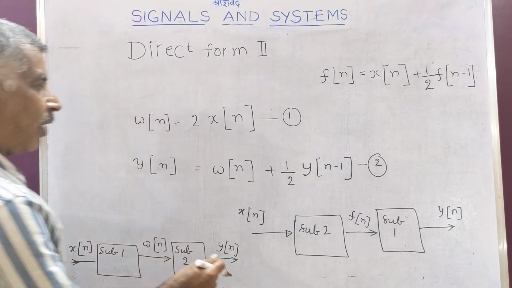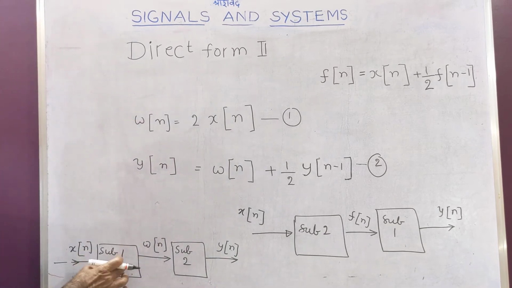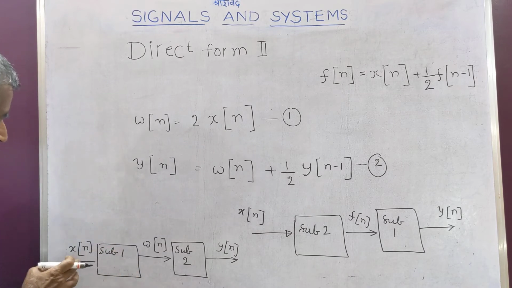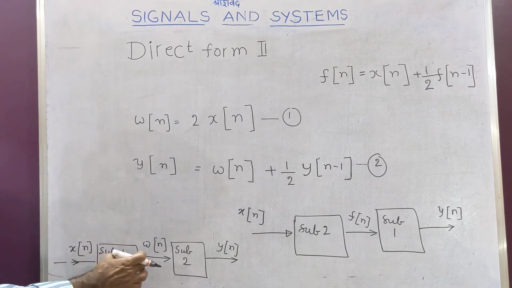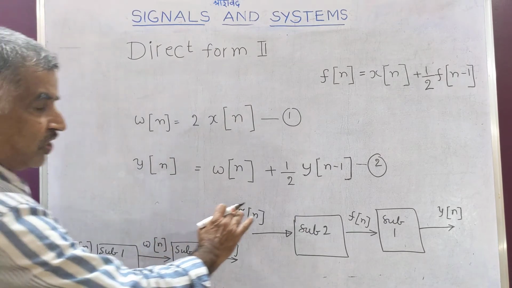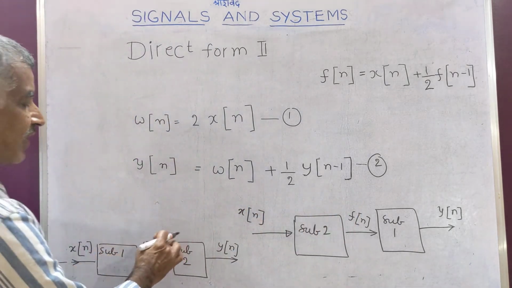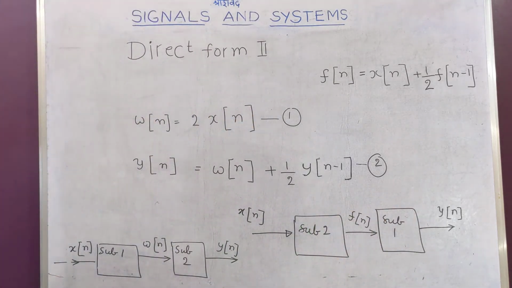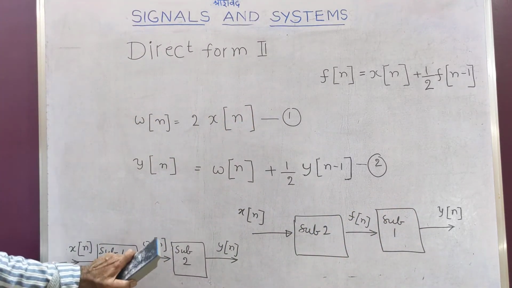Now I will come to subsystem 1. Earlier subsystem 1 was here, receiving x as input and producing w of n as output. Now its position has been changed. Now it has occupied the subsystem 2 position here and is producing the output. So what will you write?